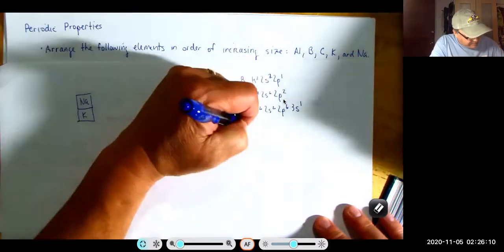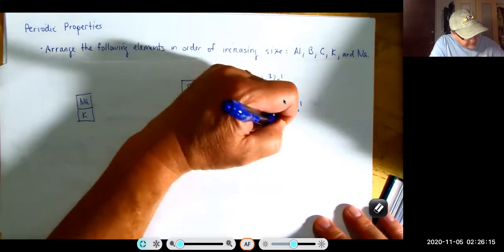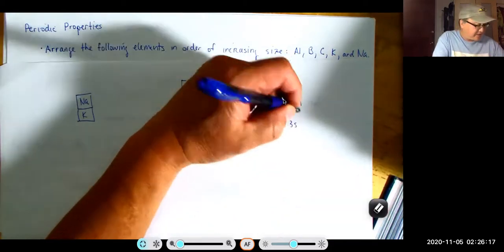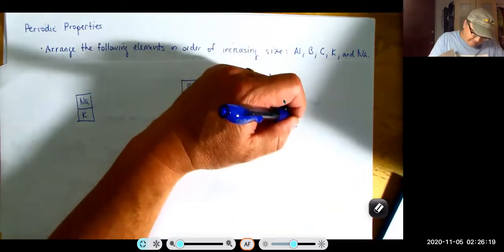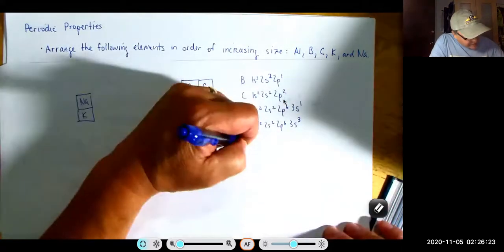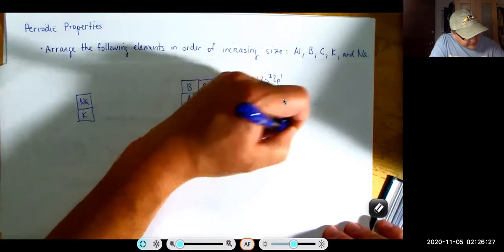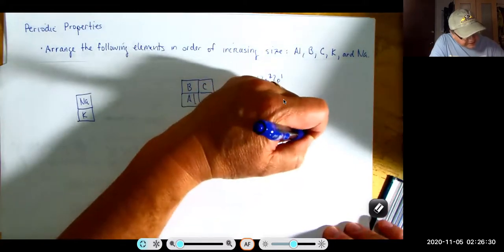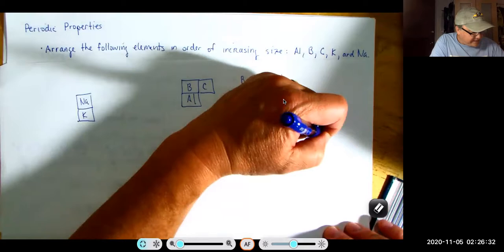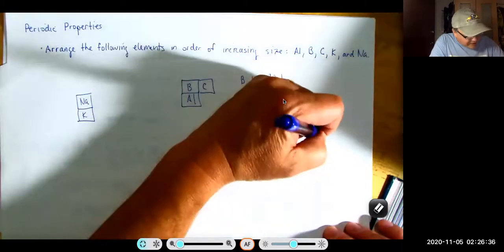Aluminum is 1s2, 2s2, 2p6, 3s2, 3p1. And potassium is 1s2, 2s2, 2p6, 3s2, 3p6, 4s1.